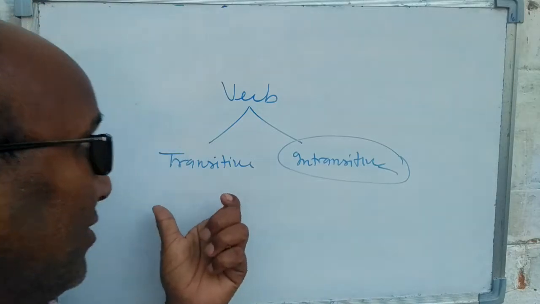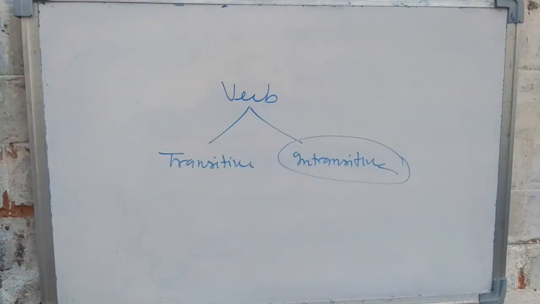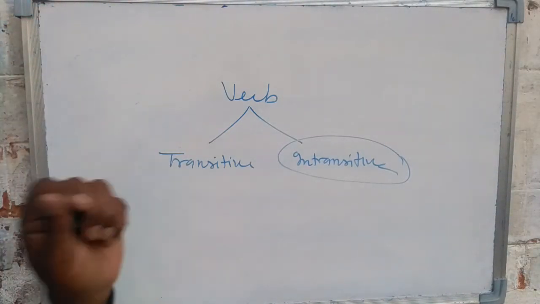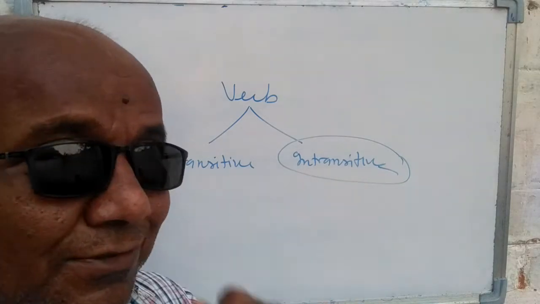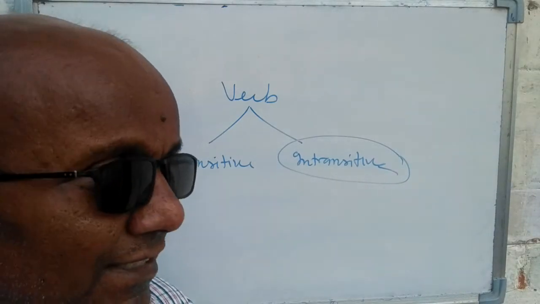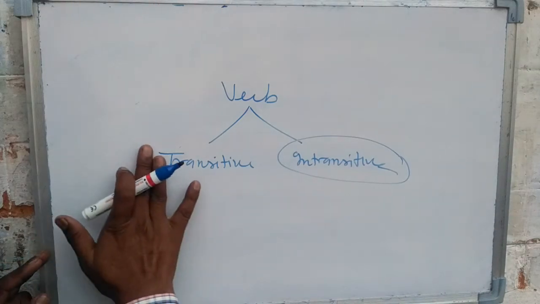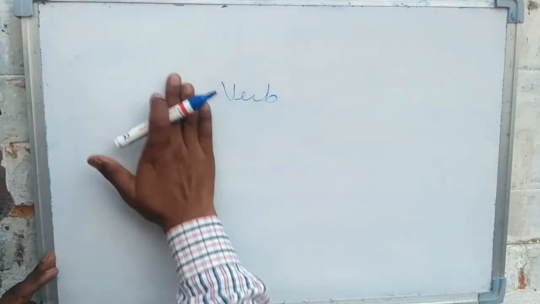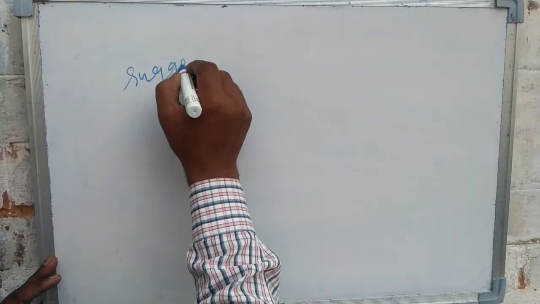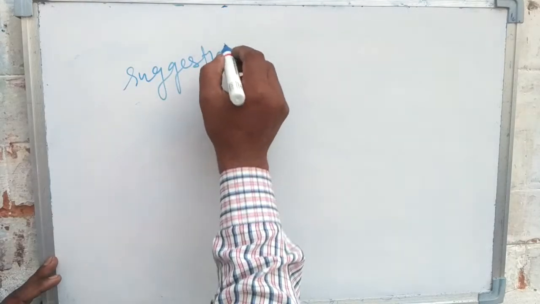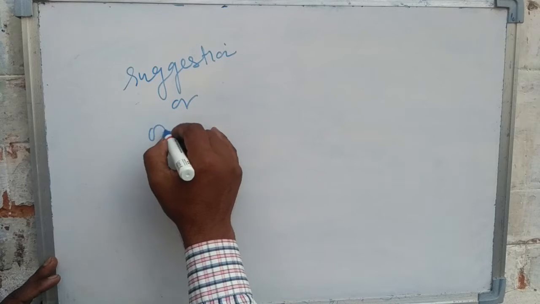Only a transitive verb can be changed. But in an imperative sentence, sometimes you will find an intransitive verb. And with an intransitive verb, you will find two things: either suggestion or order.